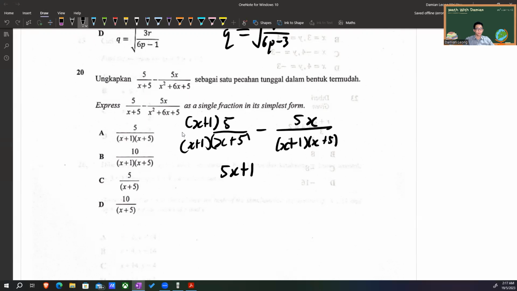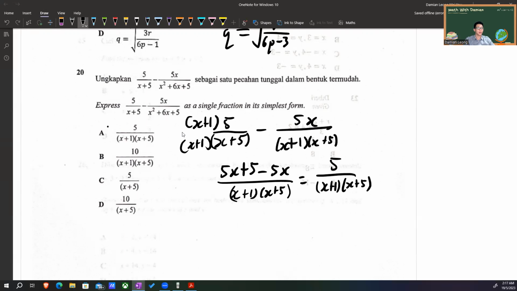So denominator is same, I can straight away combine. So minus top, minus 5x over x plus 1, x plus 5, which is 1 over x plus 1, x plus 5. Okay, sorry. I didn't times the 5. 5 over x plus 1, x plus 5. Answer A.